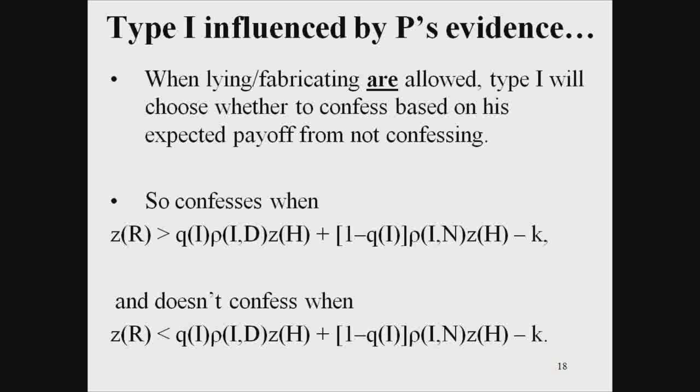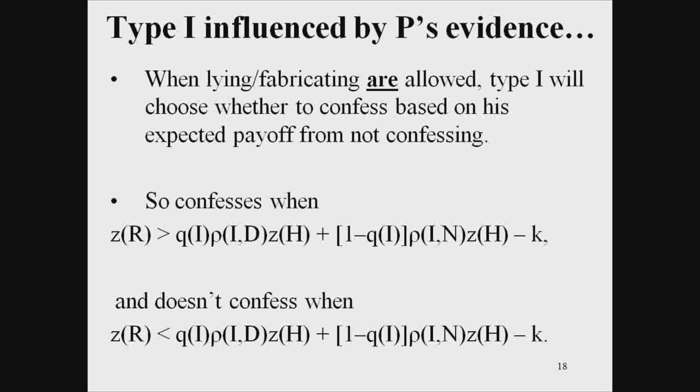So the innocent type doesn't know what police have for evidence, and just says, well, there's some probability they have this evidence, and there's some probability they don't, and I know I'm innocent. And so I know what that probability is, or I could think about what that probability might be, and I can decide whether to confess or not.